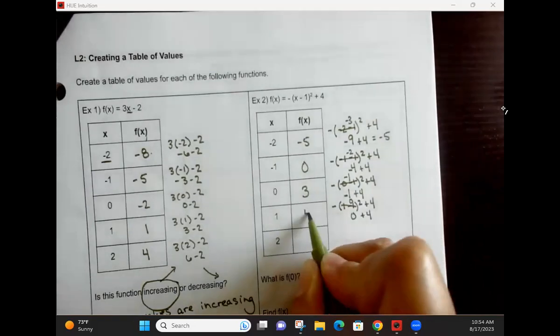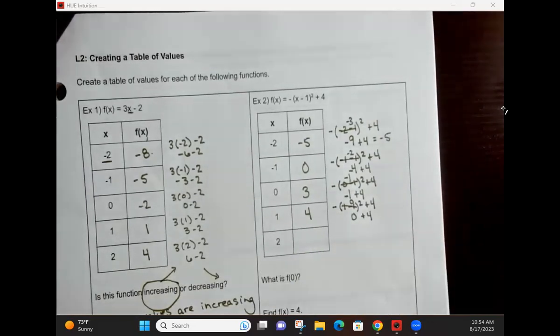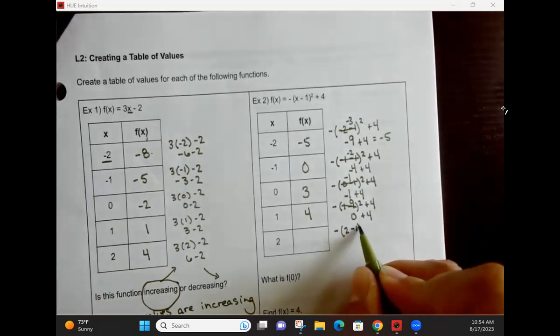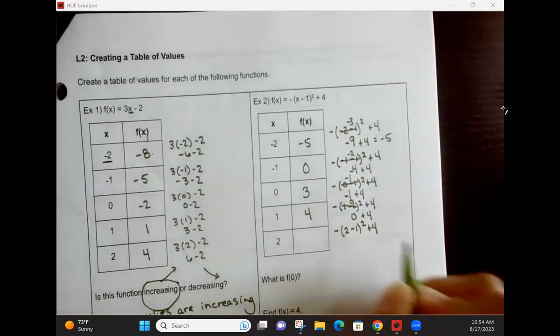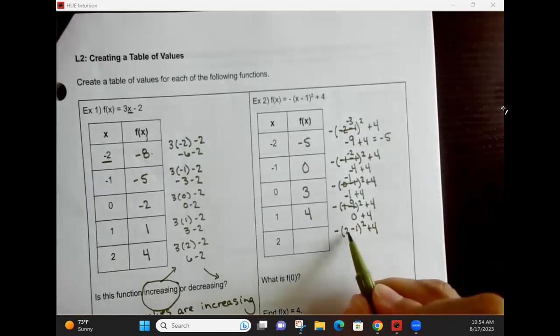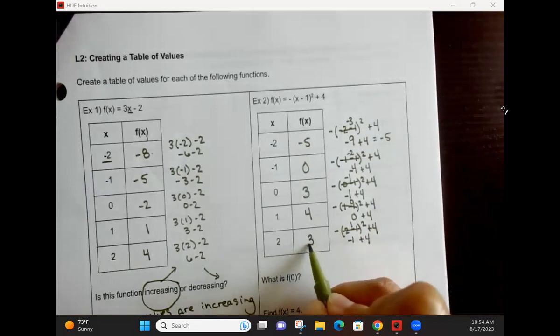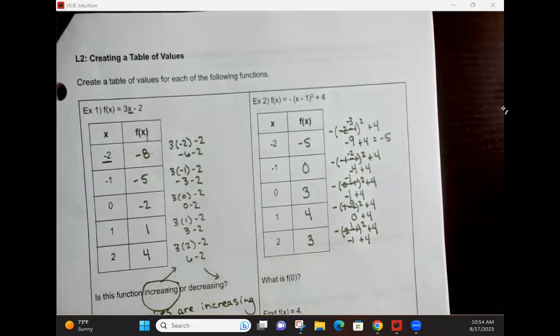Plus 4 is 4. And then we plug in 2. 2 minus 1 is 1. 1 squared is 1. -1 plus 4 is 3. Different function, same idea.